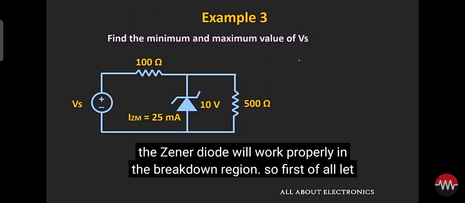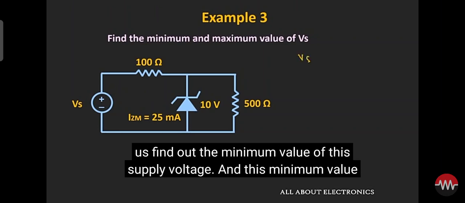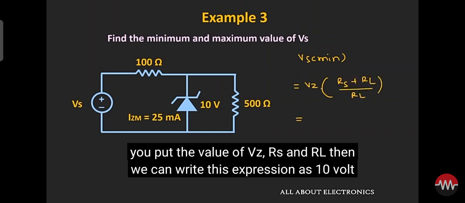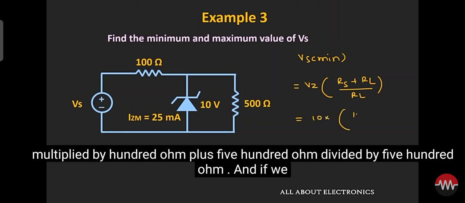So first of all, let us find out the minimum value of this supply voltage. And this minimum value can be given by the expression Vz times Rs plus RL divided by RL. And if you put the value of Vz, Rs and RL, then we can write this expression as 10 volt multiplied by 100 ohm plus 500 ohm divided by 500 ohm.